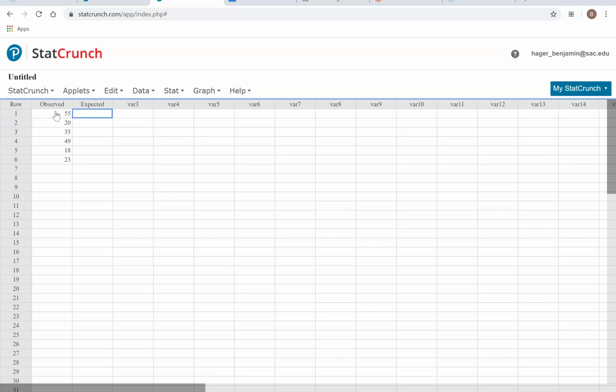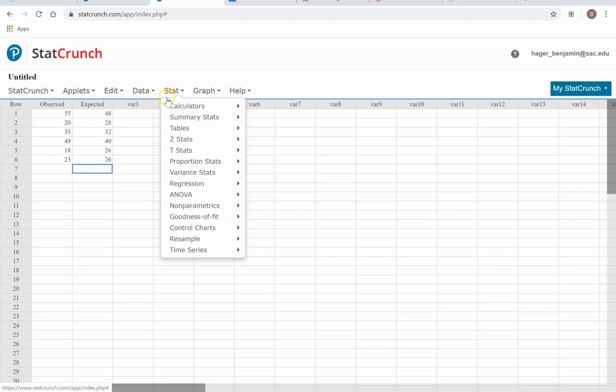And I'm going to put the expected next to them. Make sure you're going with the same colors. So blue, 28, that was 32 expected. 40 oranges, 26 reds, and 26 yellows is what we expected. So once you have the observed numbers and the expected numbers, let's go to Stat, Goodness of Fit.